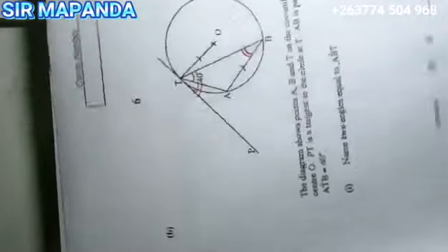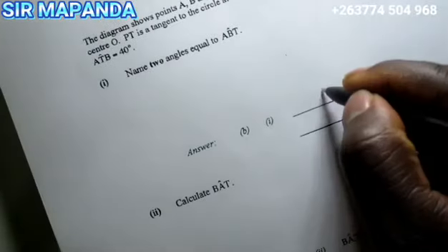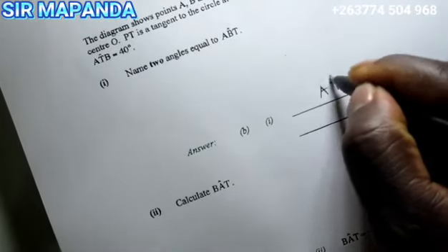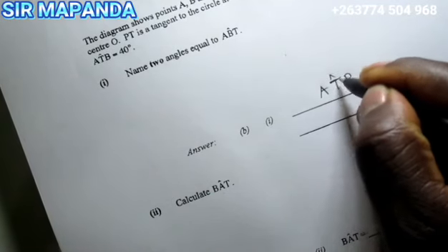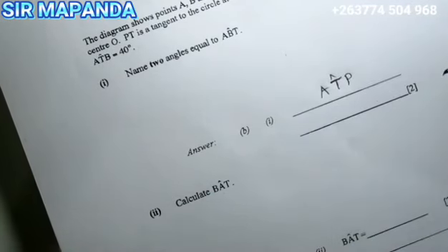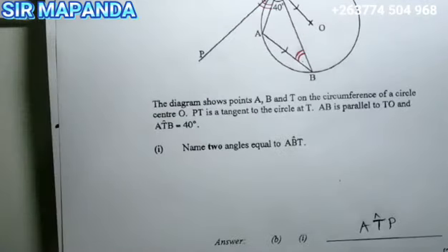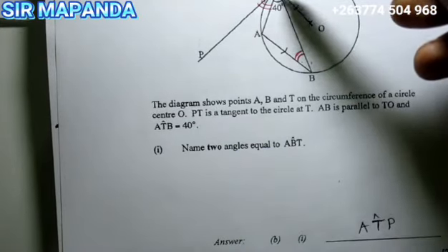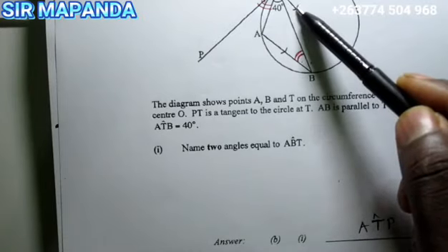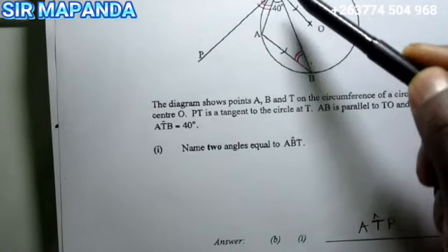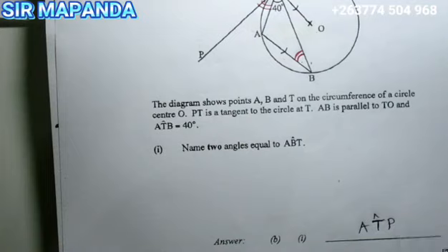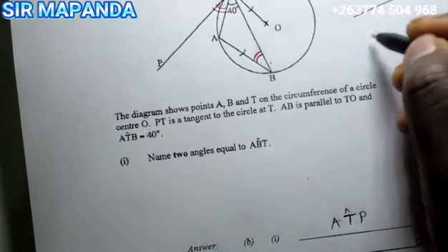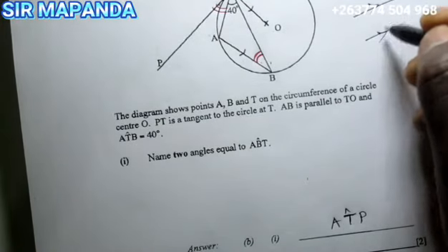So let me write my answer here. ATP. I hope you are listening, class. Then we need to identify the second angle. You can notice that we have got parallel lines here. Using these two arrows, TO and AB are moving in the same direction, creating what we call Z angles.